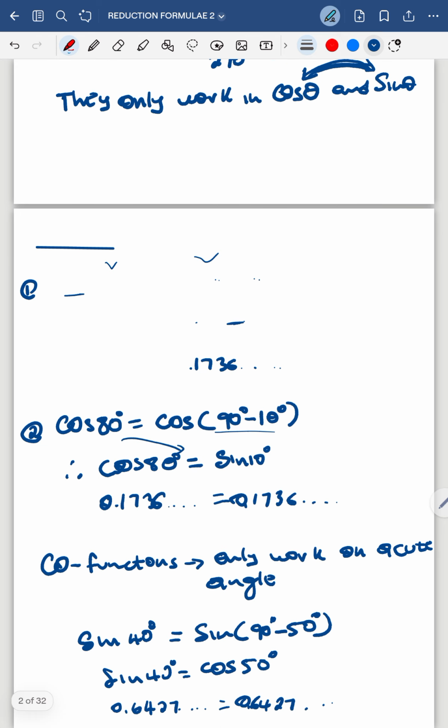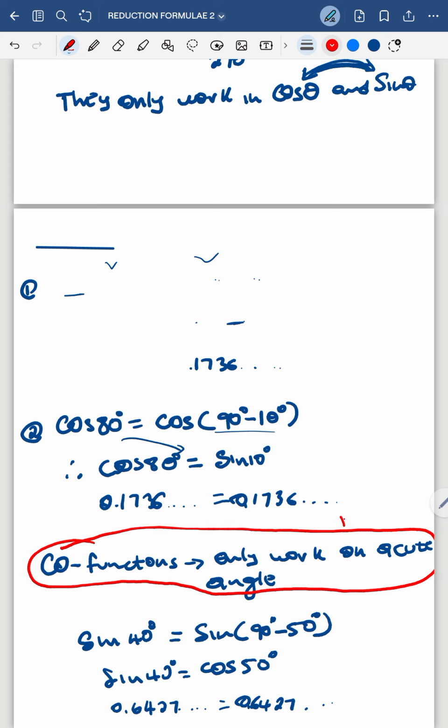Remember, they only work in what? In acute angles. Whenever you get an acute angle, guys, please use the cofunction. If you don't use the cofunction in the acute angle, you're not going to get something correct.